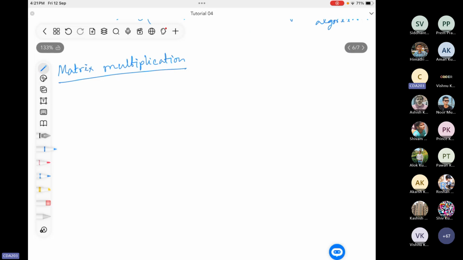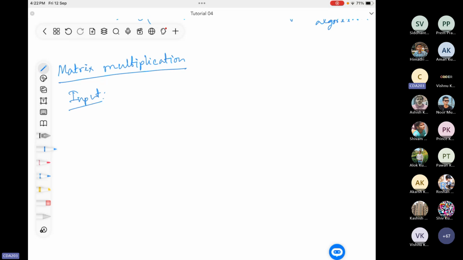All of us are familiar with matrix multiplication. The algorithm that I'm going to discuss is on n cross n matrices.